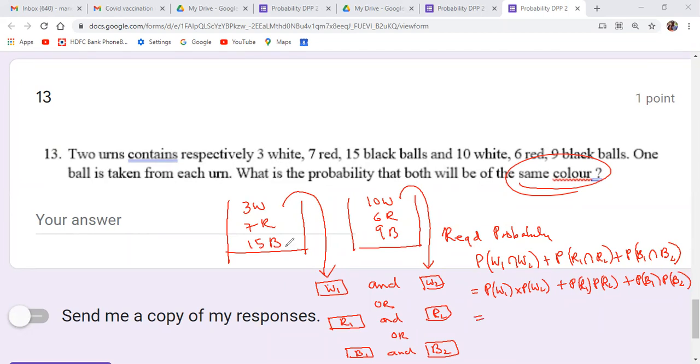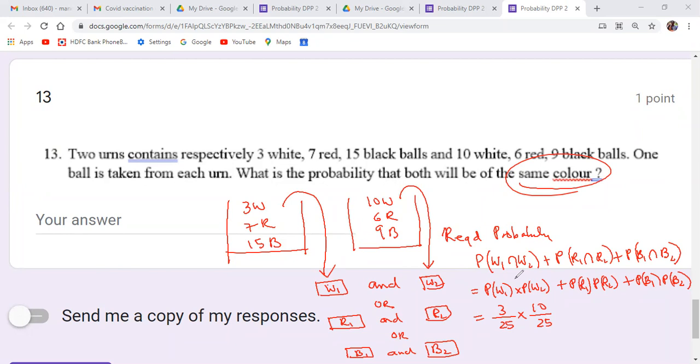Directly, tell me the answer. P of W1: how many whites are there in total? 3 whites, out of 25. Next one, 10 out of 25. W2 means white from here.